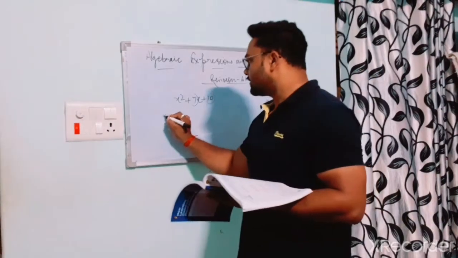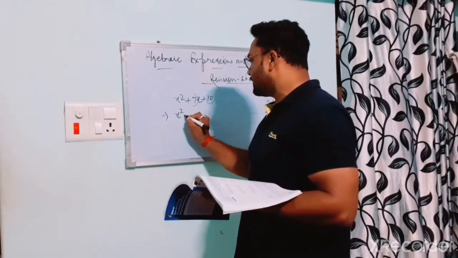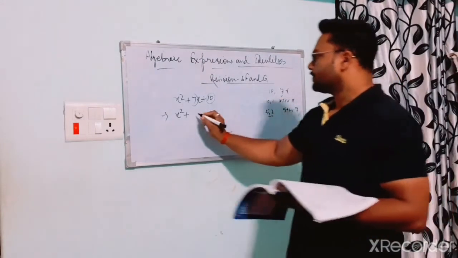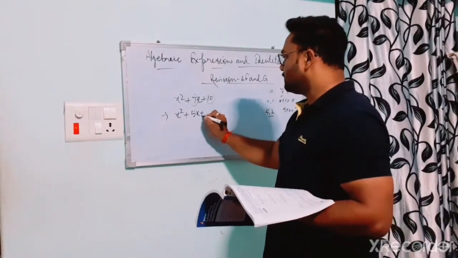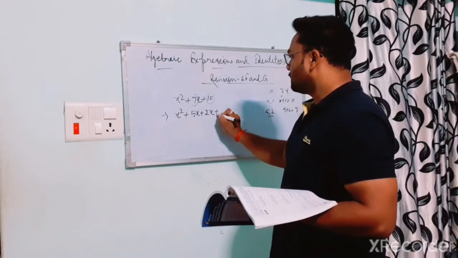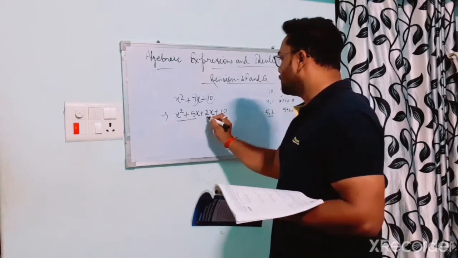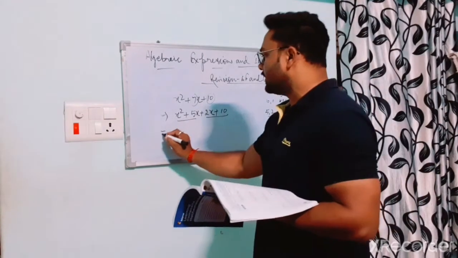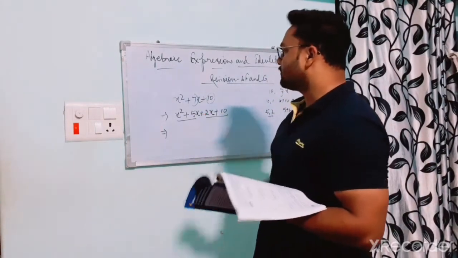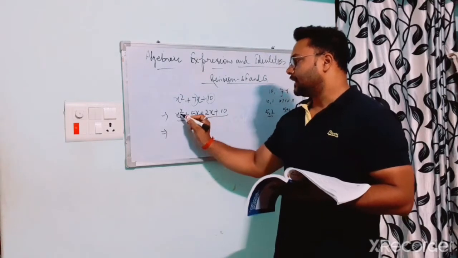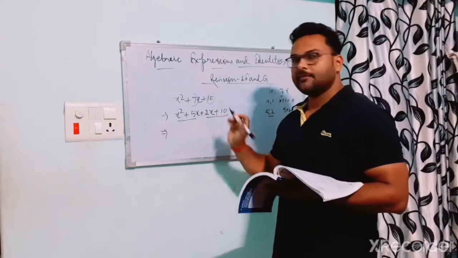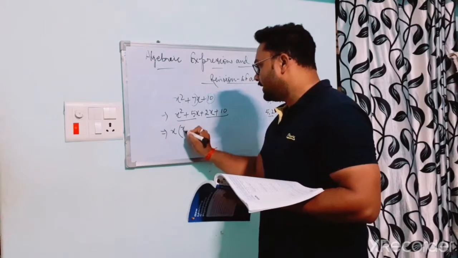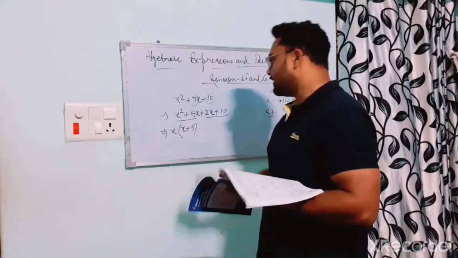Okay, so let us try on this. In x square plus 7x plus 10, you can split 7x into 5x and 2x: x square plus 5x plus 2x plus 10. Now two terms you have to take, and take common whatever is common in them. In x square plus 5x, what is common? Here we have x square, and here we have x, so clearly x is common. What remains? x plus 5.